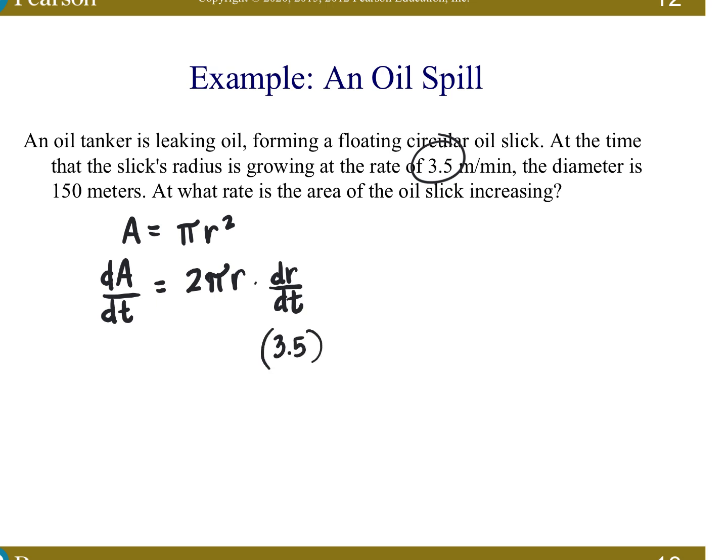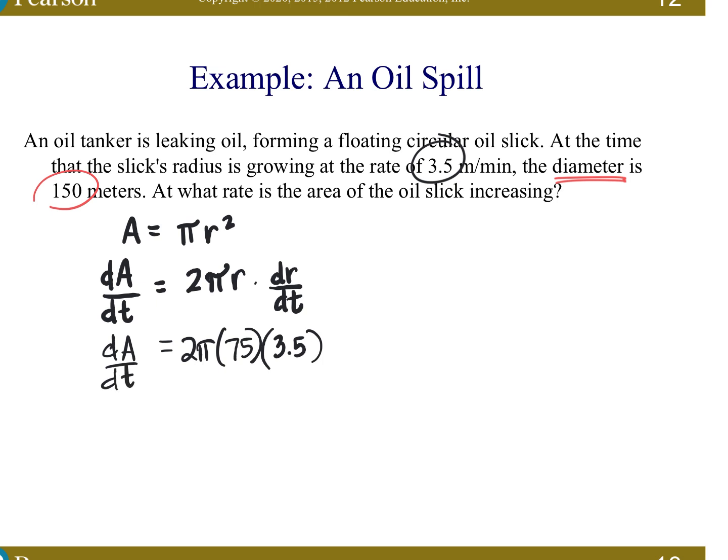Where do I put the 150? It's kind of a trick question. Where do I put the 150 technically? Nowhere, because 150 is related to the diameter, and what I need is the radius, so the radius that would go in would be 75, and then we have 2 pi, and then dA/dt.